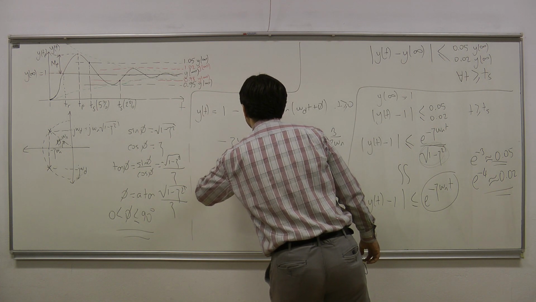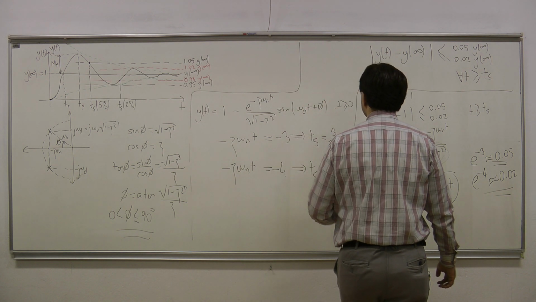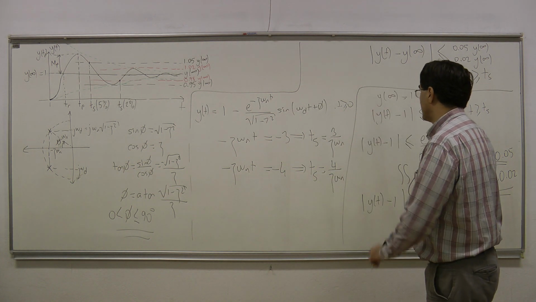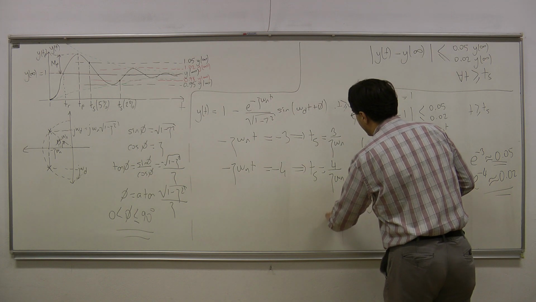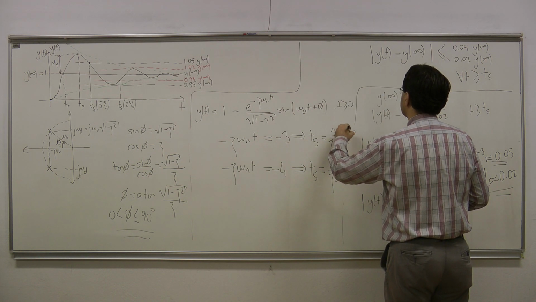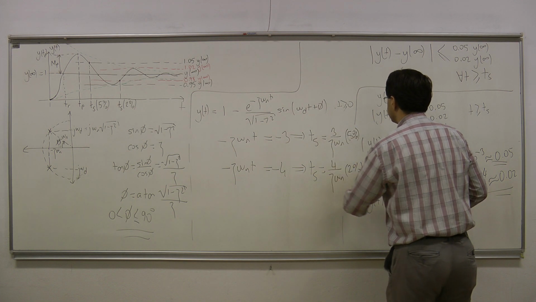And minus psi omega n t is equal to minus 4 gives me the solution Ts is equal to 4 over psi omega n. And actually, these are going to be our approximate formulas for 5% settling times and 2% settling times.